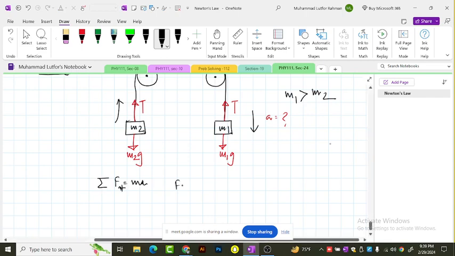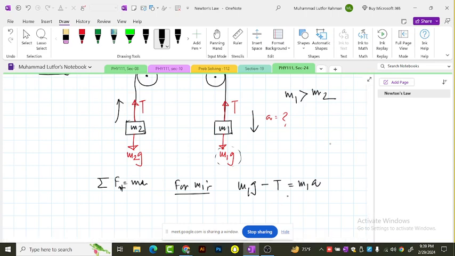For block M1, since this M1 is moving downward, then M1g must be greater than T. It has to be. Right. Then I am supposed to write net force would be M1g minus T equals M1a. Can you write this for block M1? Please try to understand. This is a very important part, one more case.